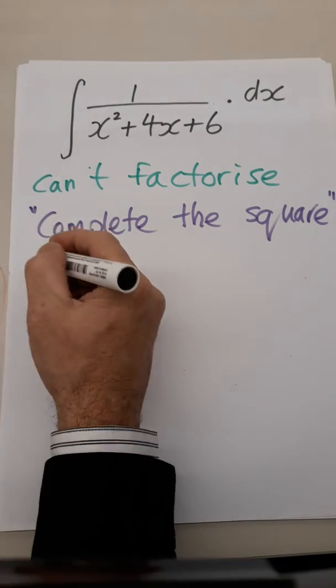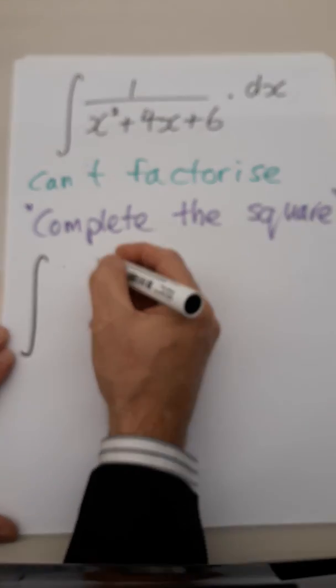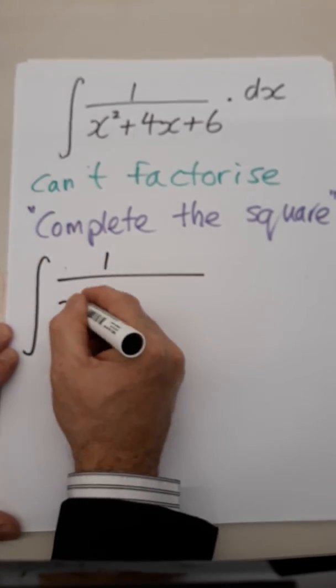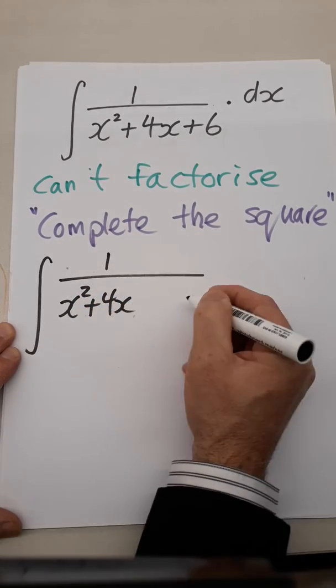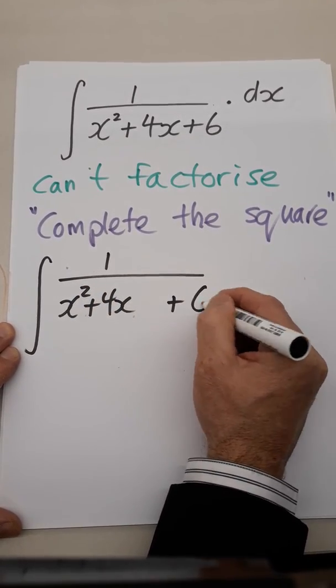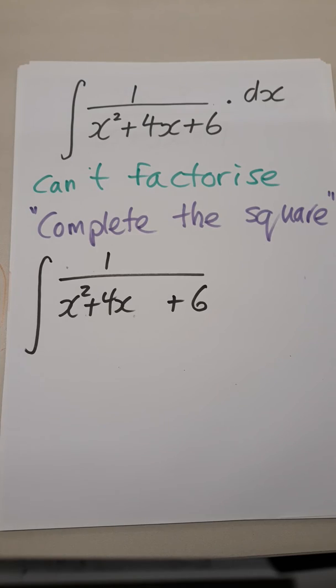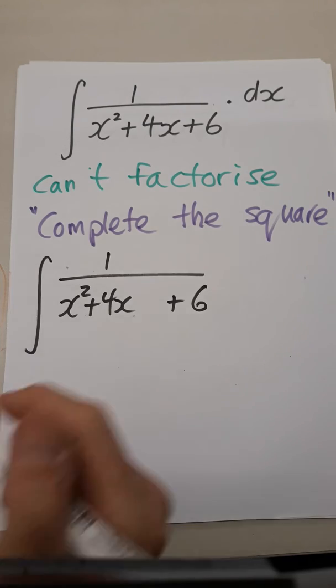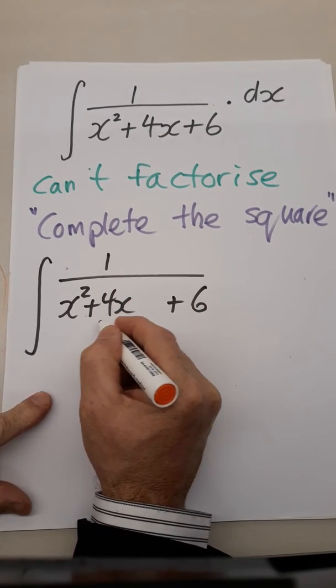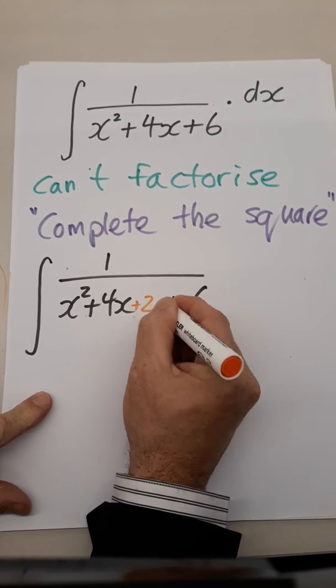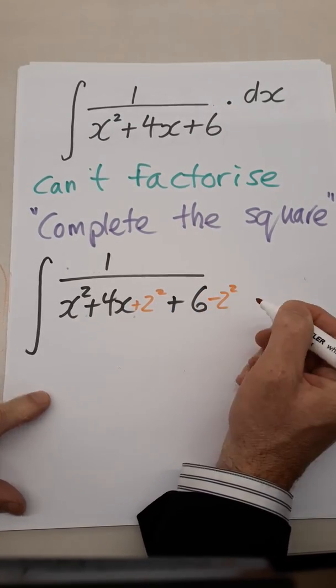So we will end up with the integral of 1 over x squared plus 4x. And in here, what did we have to do? We had to add on half of the coefficient of x, and we better take that off as well.